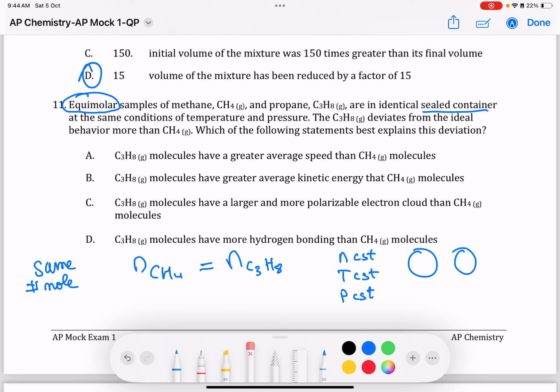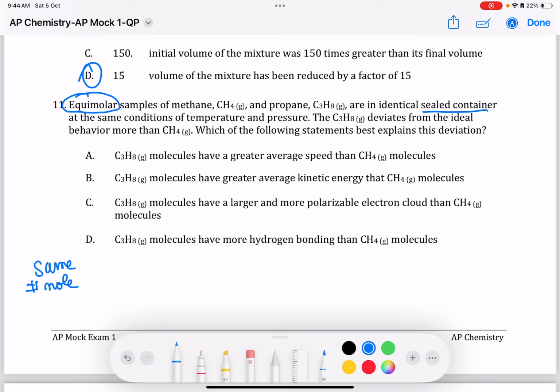In a question like this, we need to compare the intermolecular forces of CH4 to those of C3H8. Both molecules are nonpolar, so they have London dispersion forces. They don't have dipole-dipole interactions nor hydrogen bonding. So here we are dealing with the same kind of intermolecular forces.